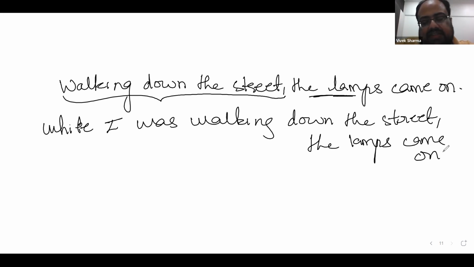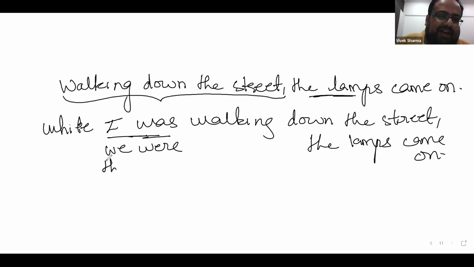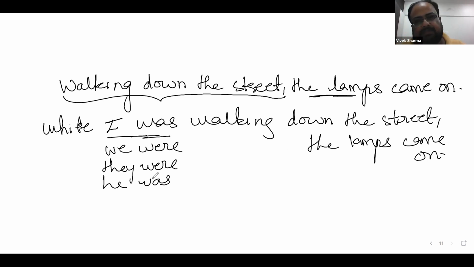So the subject that was missing, I have introduced that subject. So in this case, I have said while I was walking down the street. If you want, you can also say while we were walking down the street, while they were walking down the street, or while he was walking down the street. You can add any subject because the subject is missing in the original sentence. So you can add any subject of your choice and you can correct the sentence.